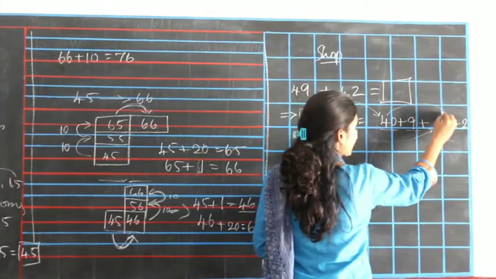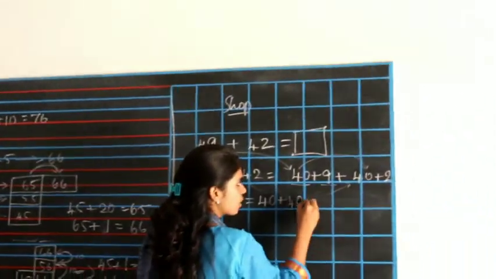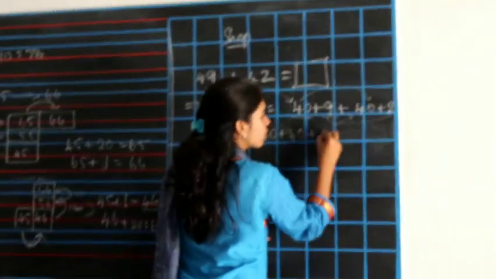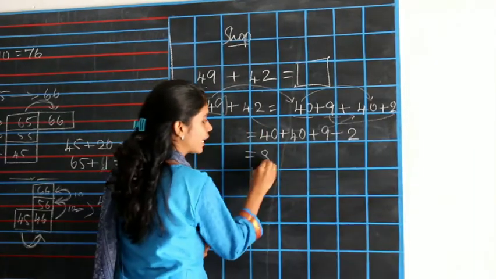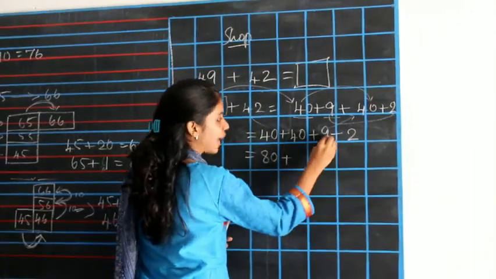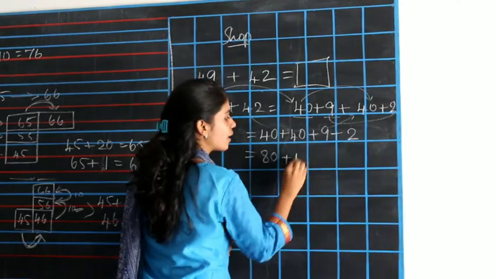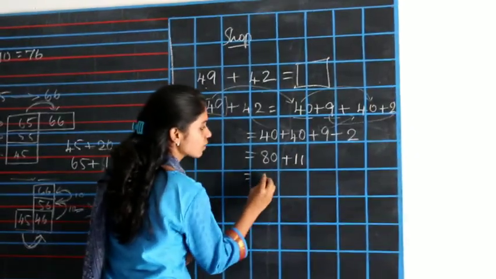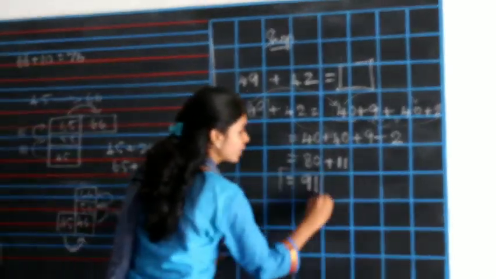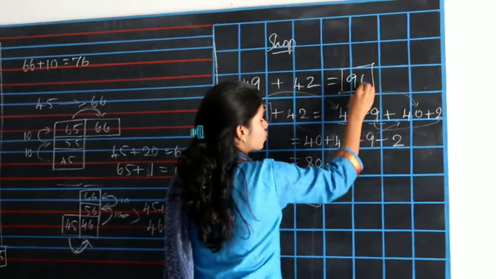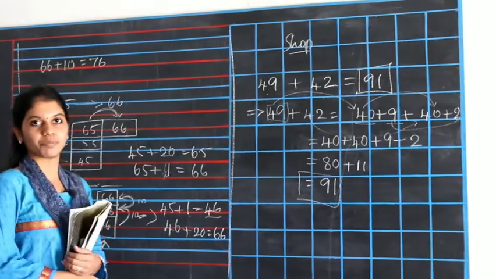Now you have tens here: 40 rupees plus 40 rupees, plus 9 rupees plus 2 rupees. You will be having 80 rupees plus 11 rupees, which is 91 rupees. This is the amount that their mother has to give the shopkeeper.